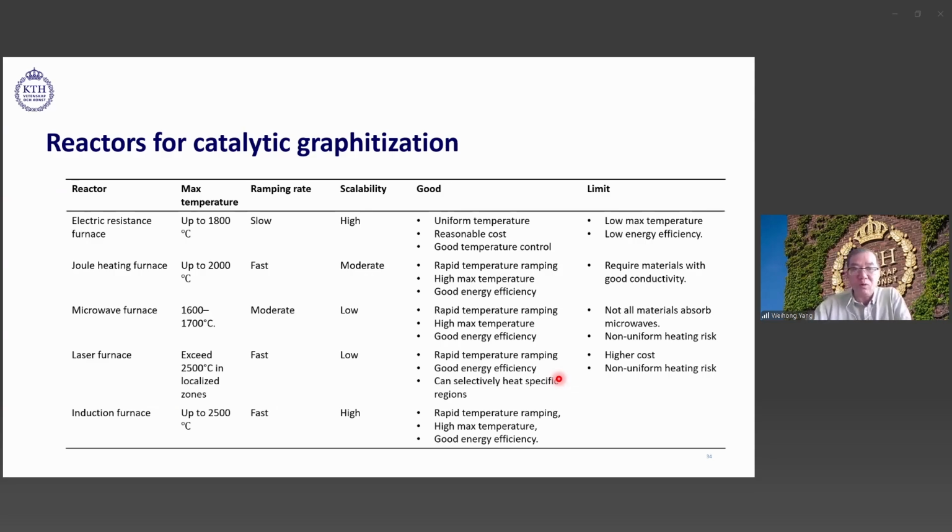It's slow heating, very possible for scaling up, but the temperature and the efficiency are both low. Other technologies can heat up much faster, and some of them have very good scaling up, while some have limits. It depends, and there are also two different ways, like microwave and laser.